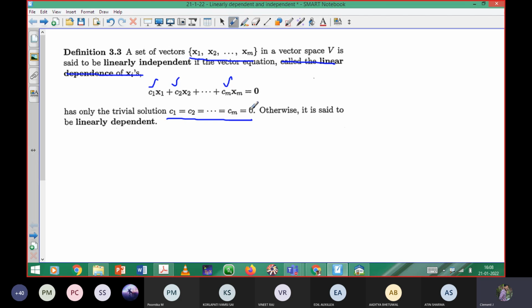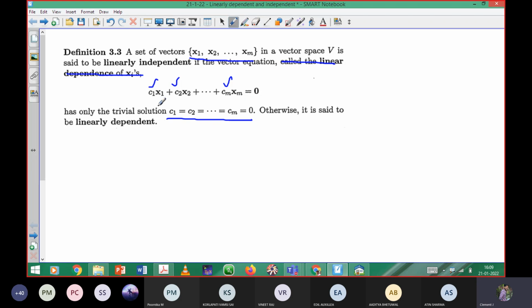The same question arose in the previous session. Anyway, we are going to solve the problems under this definition, so that you will clearly understand the concept. First, you need to write the given vectors as a perfect linear combination.